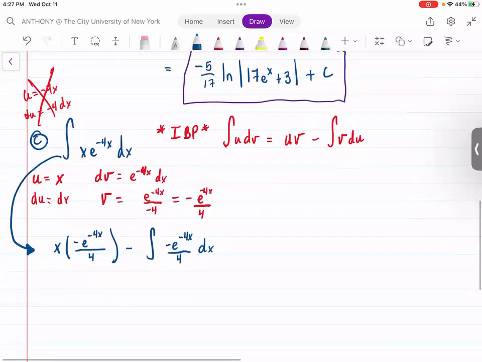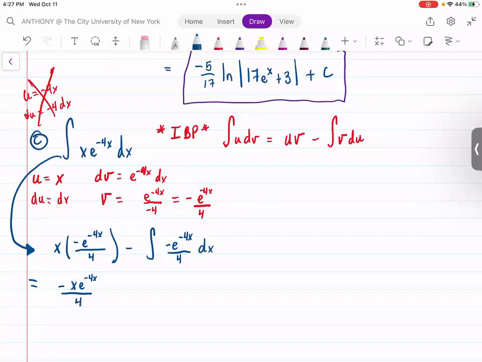Now you could clean up your equation a little bit. You could take x and multiply it by e, so you can write that out as one fraction: x times e to the power of negative 4x, all divided by 4. Now, for the integral part, you can pull out the fraction of negative 1/4.